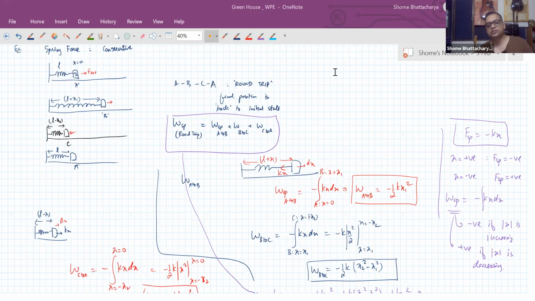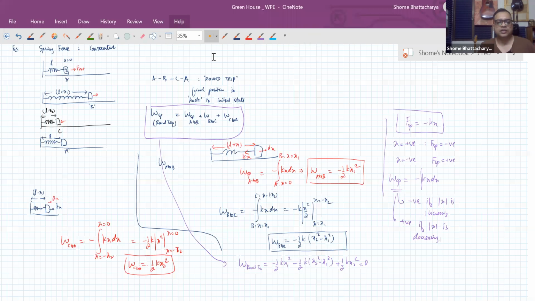So this symmetry of the work done, that when you go from 0 to compression, it does negative work, but compression back to 0 is doing equal and opposite positive work, and vice versa for extension, that symmetry actually demonstrates why the force is conservative and the work done in a round trip will be 0. Okay, so this is an important example. It demonstrates that work done in a round trip is 0, which has to be the case because we already know that spring force is conservative in nature.